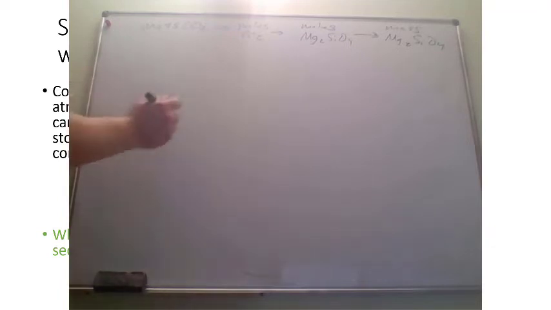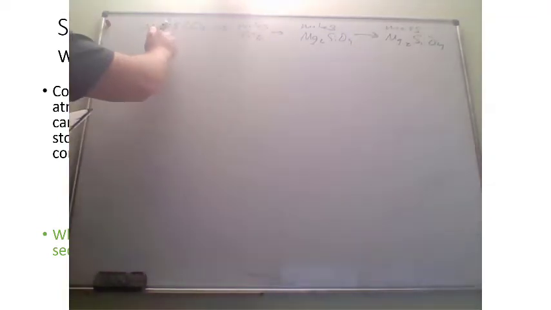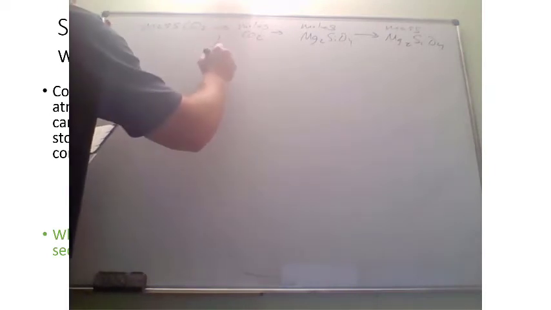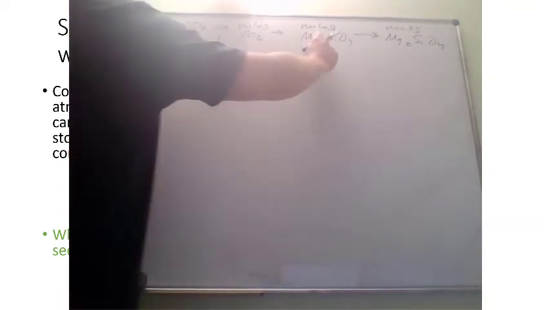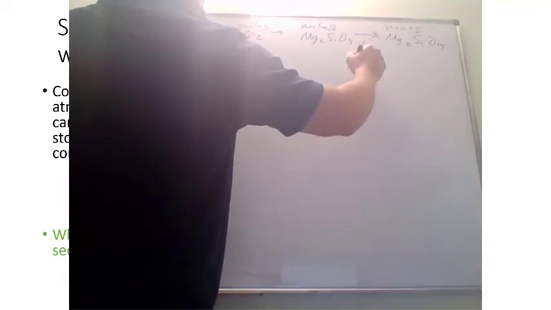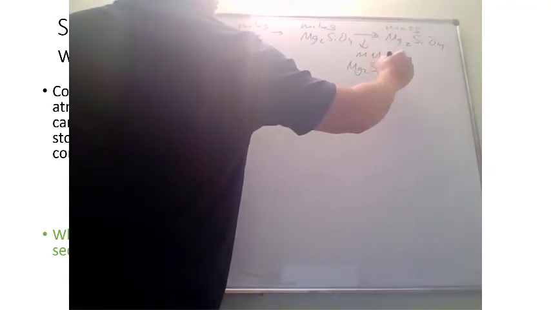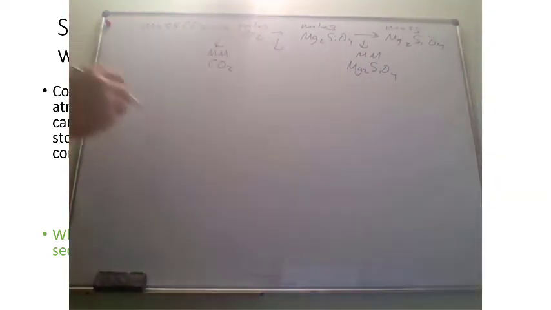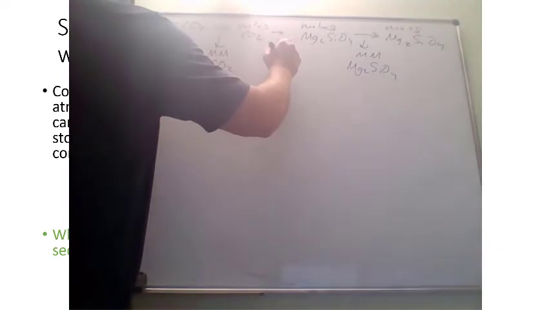And so identifying our proper conversion factors to go between mass and moles, we're going to be looking for the molar mass of CO2. To go between moles and mass, we're going to be looking for the molar mass of Mg2SiO4. And between moles of CO2 and moles of Mg2SiO4, we're going to be looking for the molar ratio.